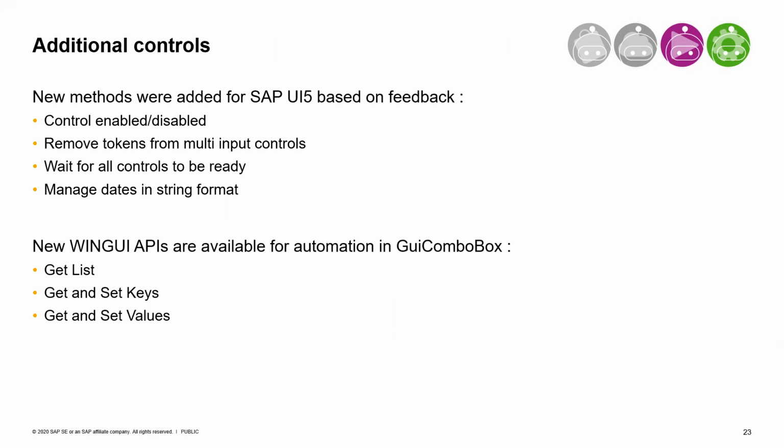This includes knowing if the controls are enabled or disabled, removing tokens from multi-input controls, the update of the wait ready method to wait for all controls to be ready, and managing dates in string formats. Also on WinGUI, we've added methods in the GUI combo box. Now you will be able to display lists and also display and update keys and values.